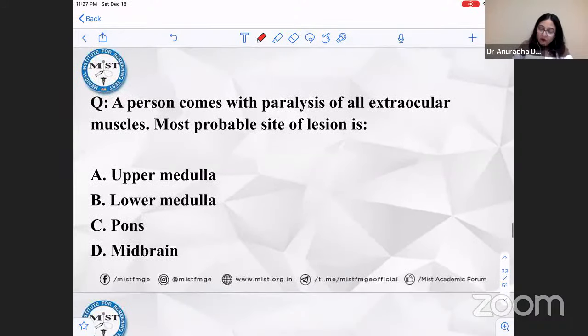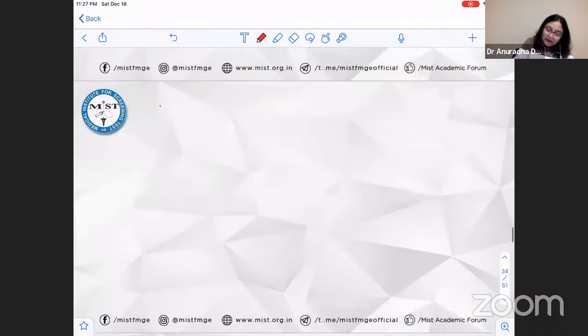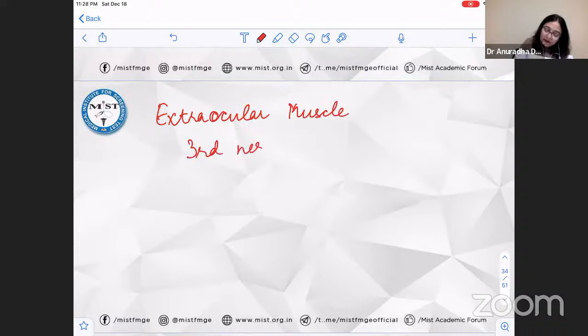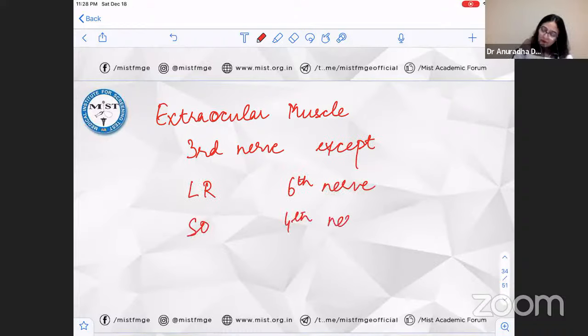All the muscles are supplied by the third nerve except lateral rectus, which is supplied by the sixth nerve, and superior oblique, which is supplied by the fourth nerve.